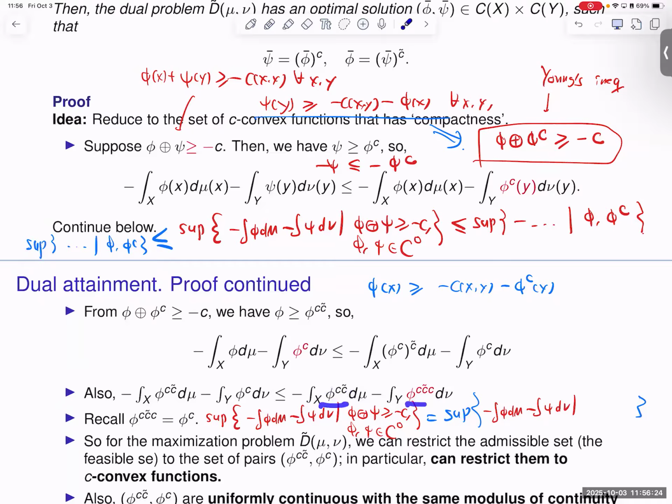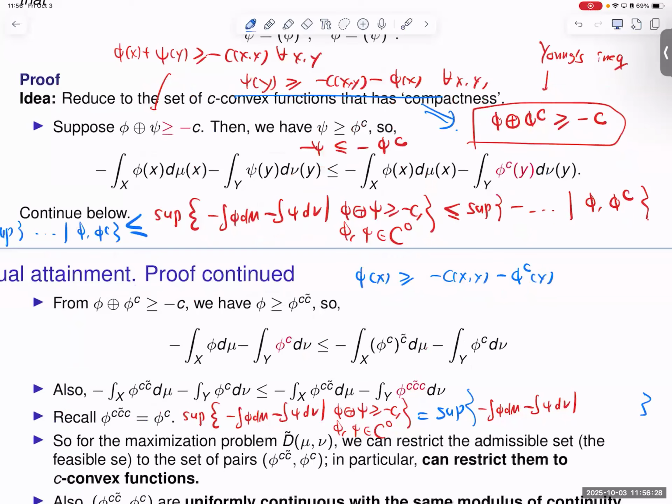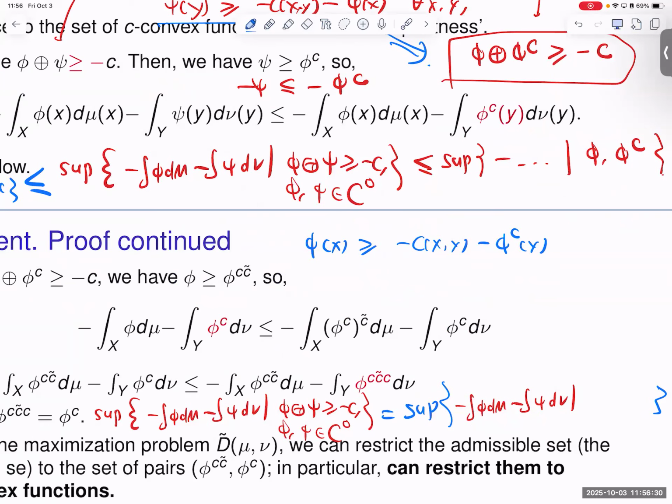So you can just consider phi as a C-convex function of the other, and psi as a C-convex function of the other. Am I making sense? Fine. So this supremum is the same as this, and this is in the subset.